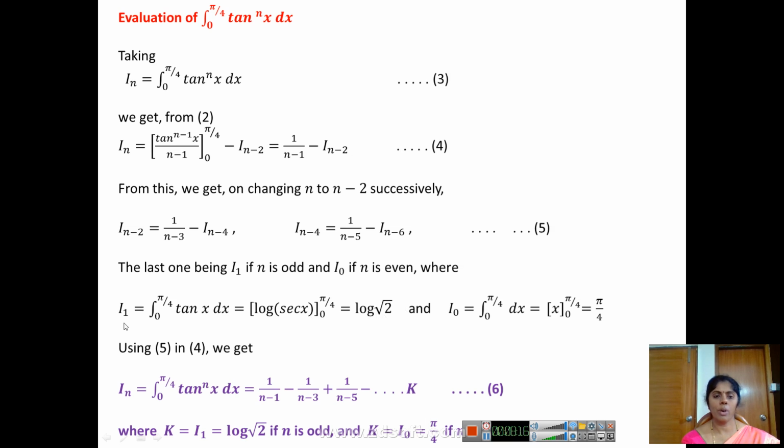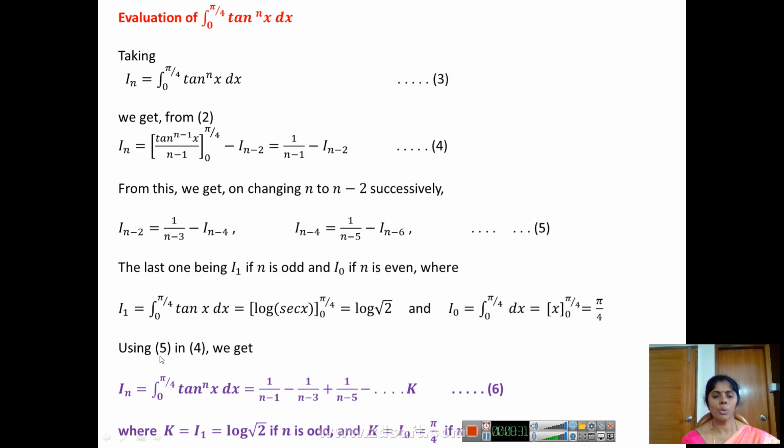So we got the result I1 is equal to log of root 2, and I0 can be considered as integral 0 to pi by 4 of dx, that is equal to x from 0 to pi by 4, which is equal to pi by 4.